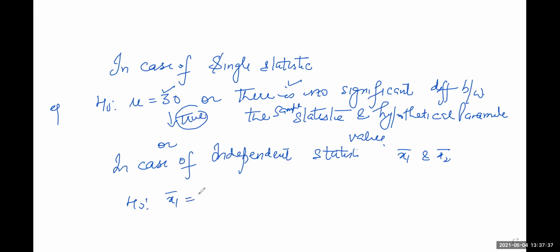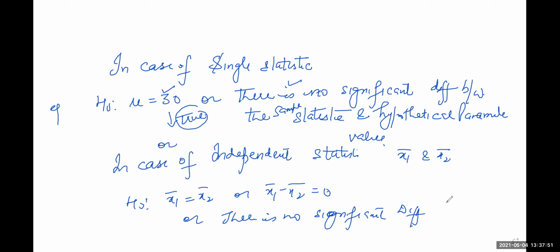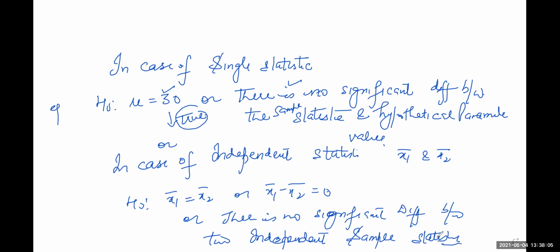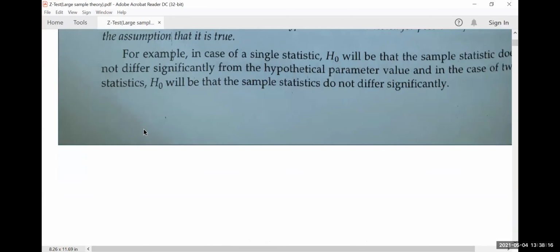H naught will be x1 bar is equal to x2 bar, or x1 bar minus x2 bar is equal to 0, or you will write there is no significant difference between two independent sample statistics. So this is the theory behind how to use how to apply null hypothesis, right? Now I'm coming to the next.